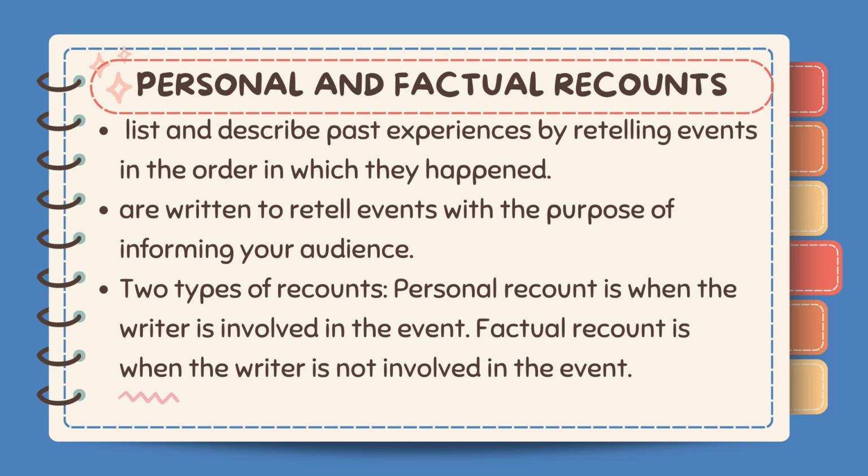On the other hand, when we say factual recount, it is when the writer is not involved in the event, but the structure is the same as a personal recount because it has a beginning, middle, and end. The difference between a personal recount and a factual recount is that a personal recount is a personal moment that you have experienced, and a factual recount is a moment that the writer has not experienced but has seen or thinks it is interesting to write about.